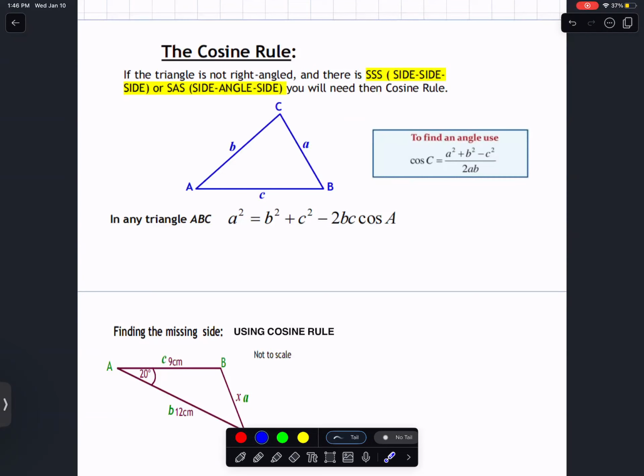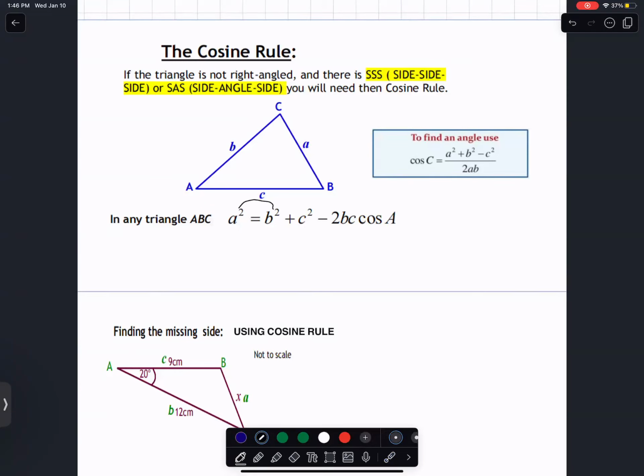So for looking for A, we have A squared is equal to B squared plus C squared minus 2BC cos A, which is the angle at A. Then what if you are looking for side B?